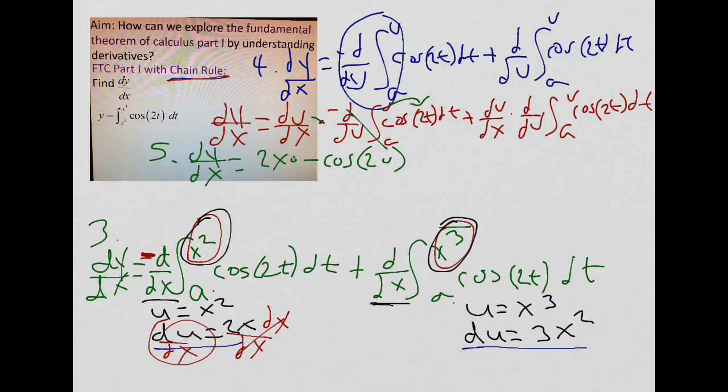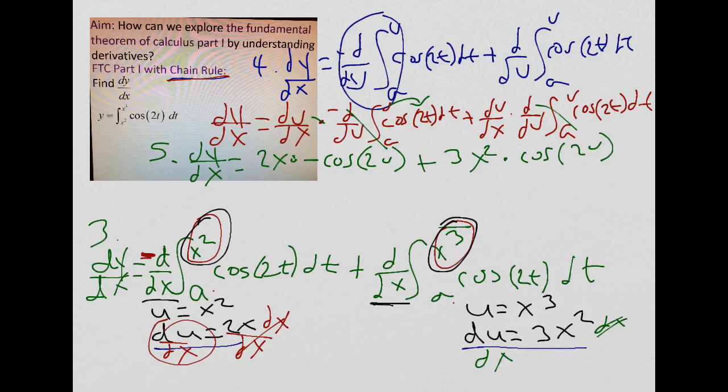Over here, du over dx, I didn't do it here, is 3x squared. And we're going to multiply it. Remember, this kind of undoes each other. Cosine of 2u. And now we have to replace the proper u's, and then we're done.